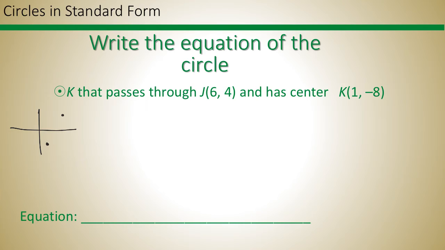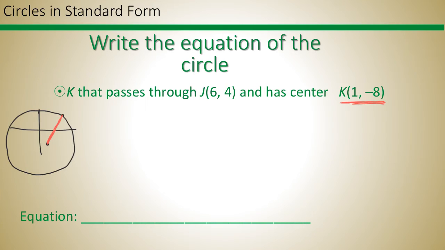So we're going to have something that looks kind of like that. What I need are the center, which I already have, and the radius. In order to find the radius, I need to find the distance between those two points.